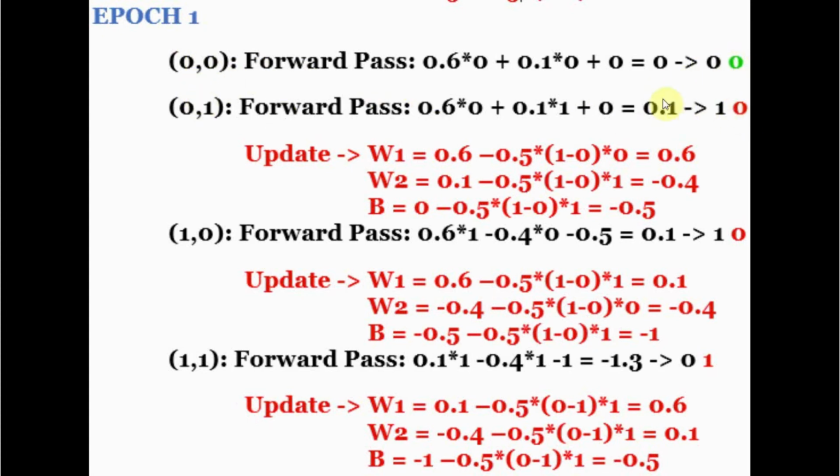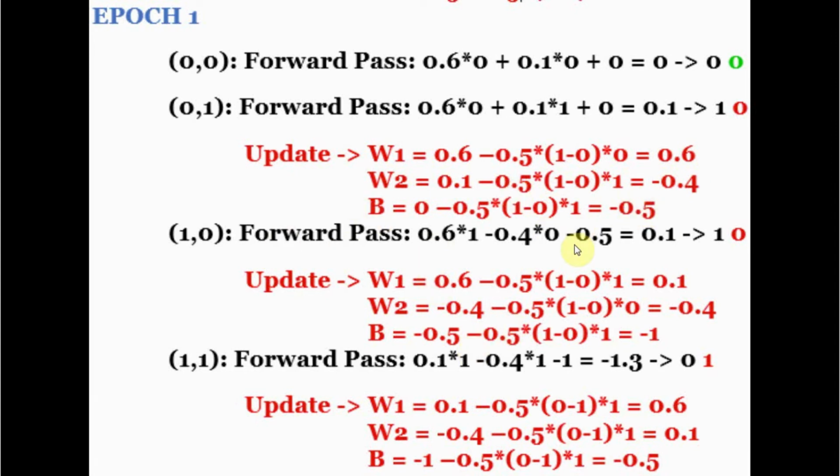The second one we get 0.1, which is translated into 1 net activation to output, which is wrong. We update again weight minus learning rate multiplied by outputs minus target multiplied by x, which here is 0, 1, and the bias is always 1, and we get the new values.